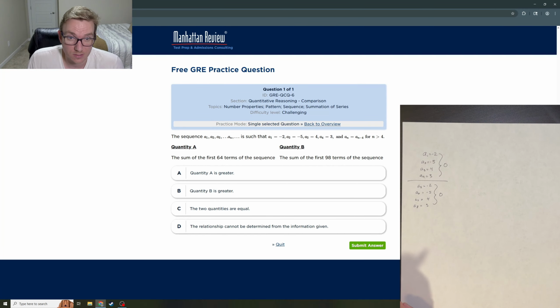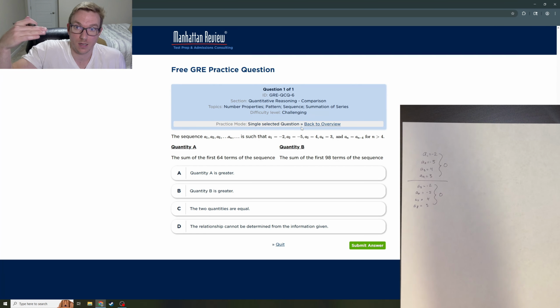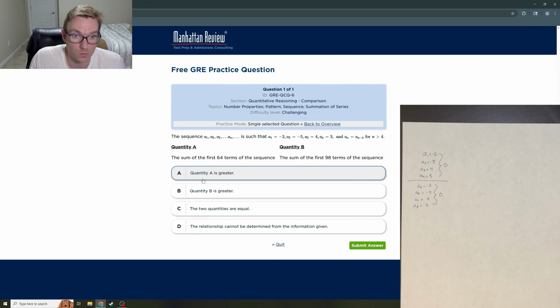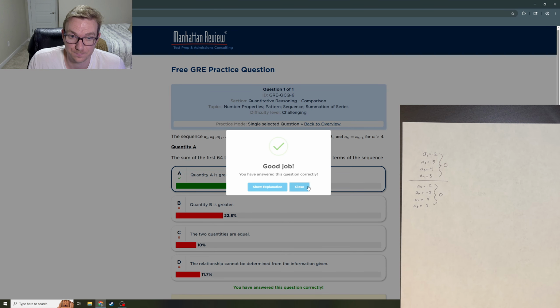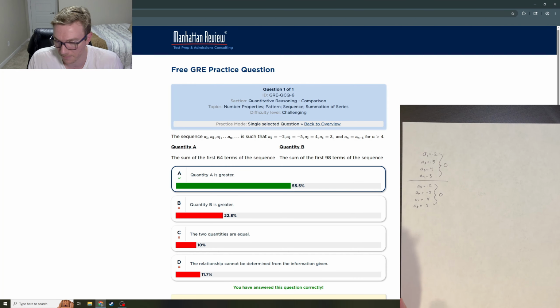Is 64 divisible by 4? Yes, it is, so that is going to be 0. Is 98 divisible by 4? No. That is actually minus 7, because 100 is divisible by 4, so we are only including those first 2. So it must be the case that A is greater, because these things just add up to 0 again and again and again. And there we go. That one wasn't too bad.